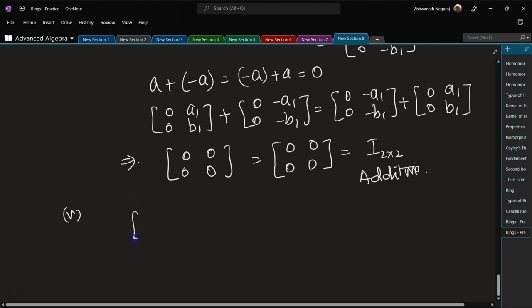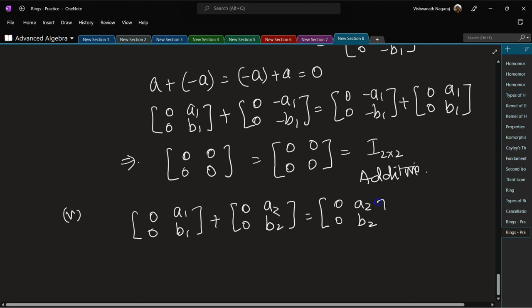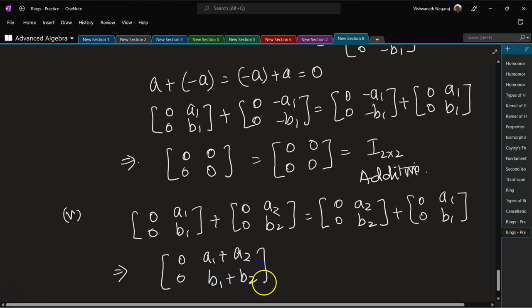Let's say [0, 0; A1, B1] plus [0, 0; A2, B2] is equal to [0, 0; A2, B2] plus [0, 0; A1, B1], which implies [0, 0; A1 plus A2, B1 plus B2] is equal to [0, 0; A2 plus A1, B2 plus B1].